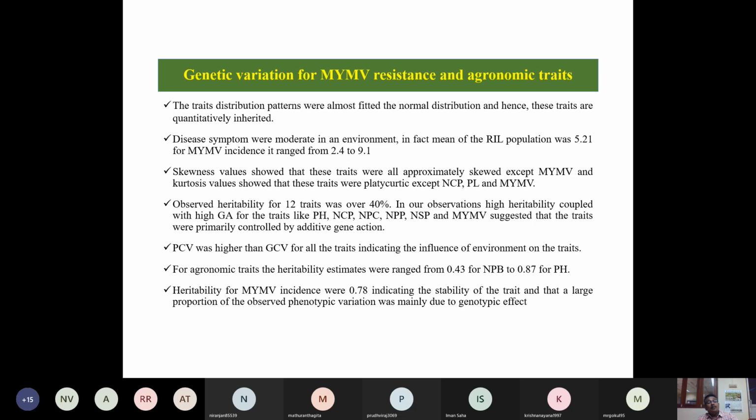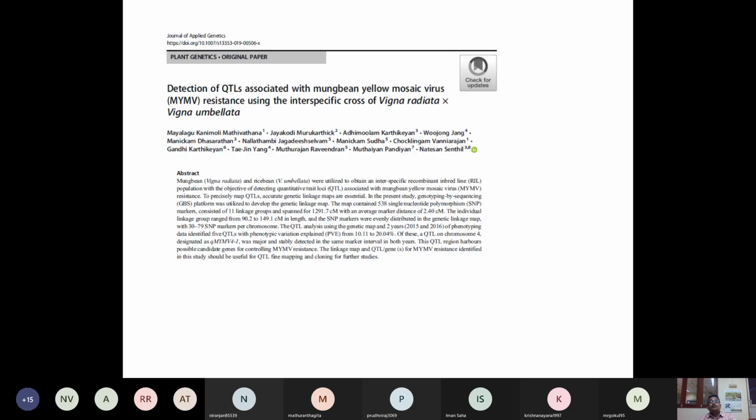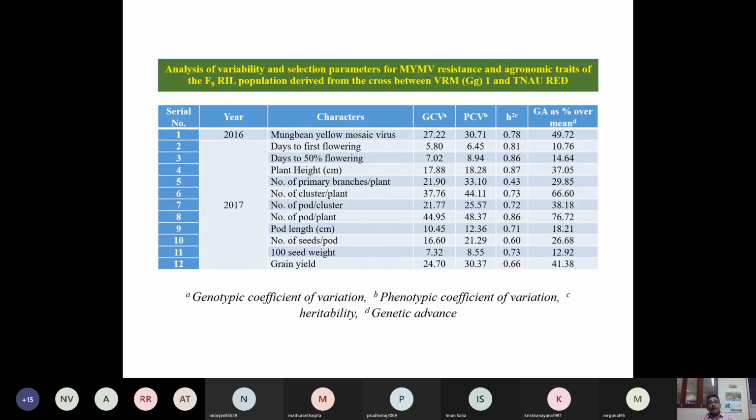I will stop here with mung bean yellow mosaic virus, especially the other traits like biometrical traits, which have been mapped in the mung bean linkage map constructed as an SNP-based map. So these QTLs are being identified, and finally we can pinpoint which characters have good variability, and only those characters we used for QTL mapping.